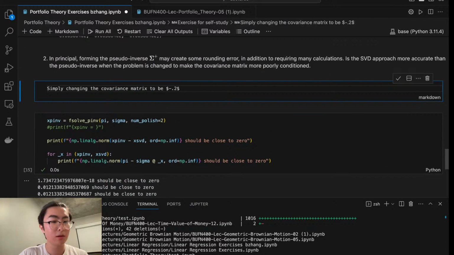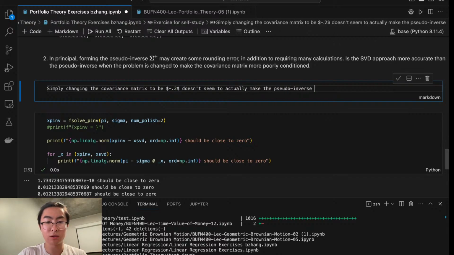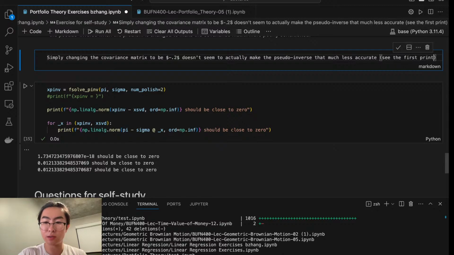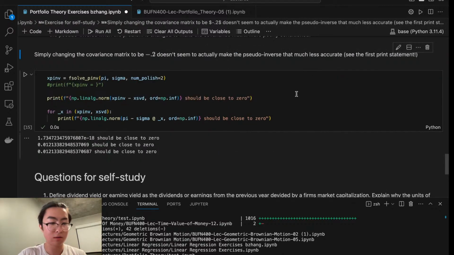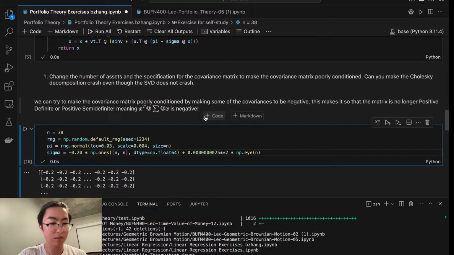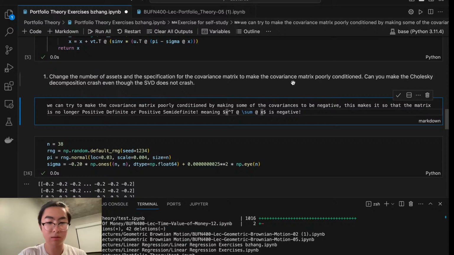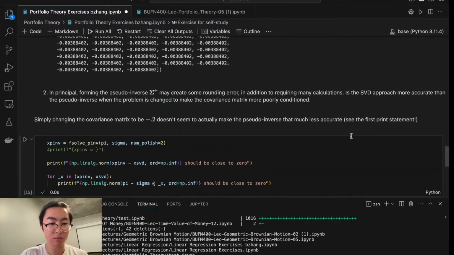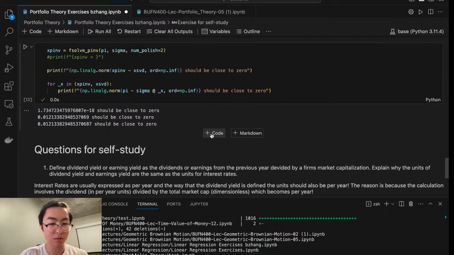Negative 0.2 doesn't seem to actually make the pseudo inverse that much less accurate. See the first print statement. Okay.